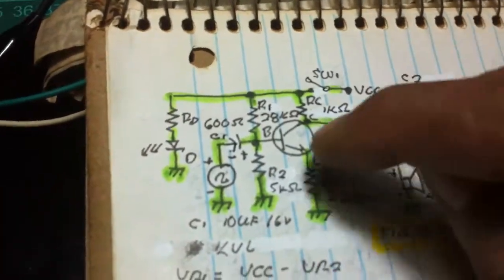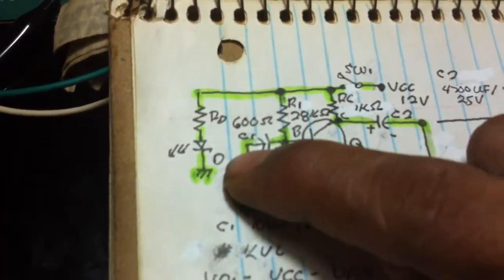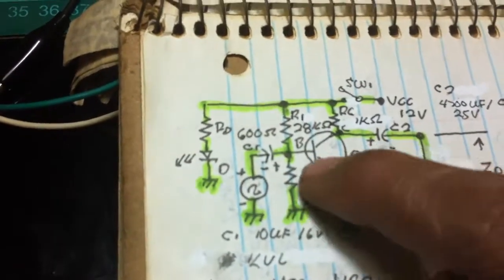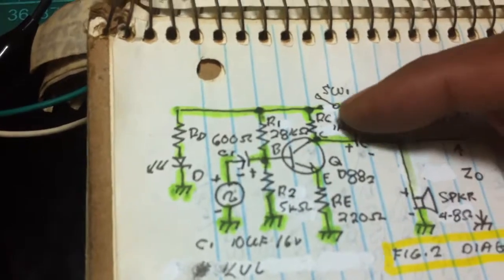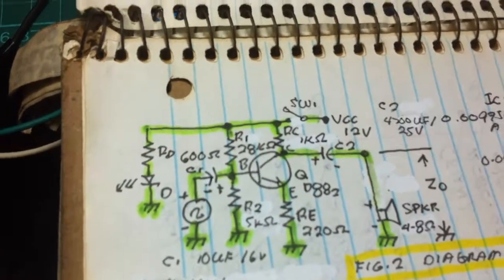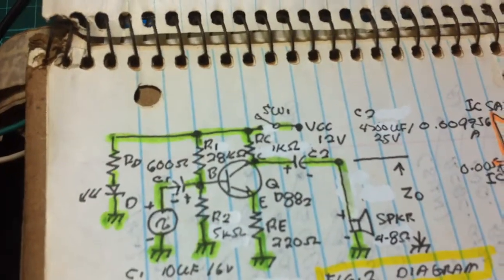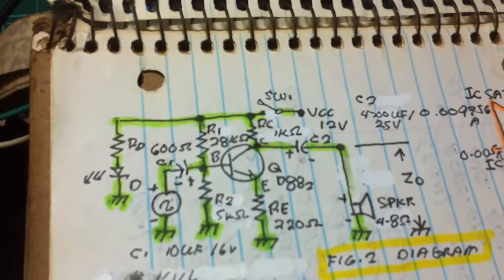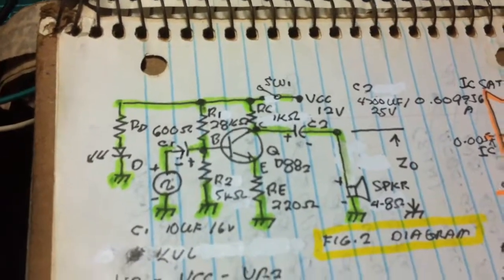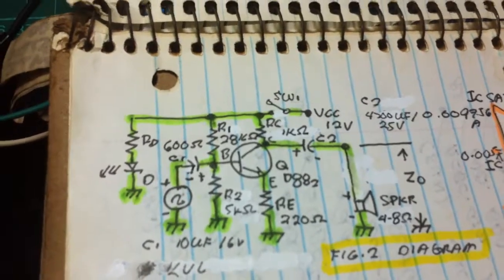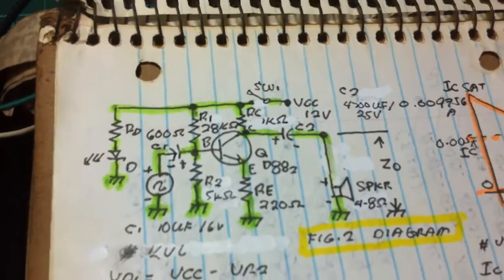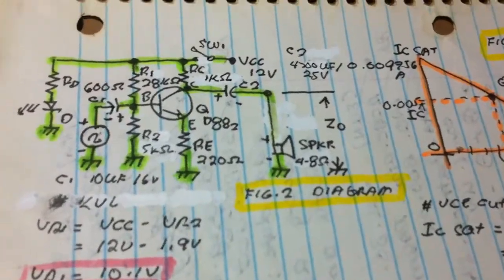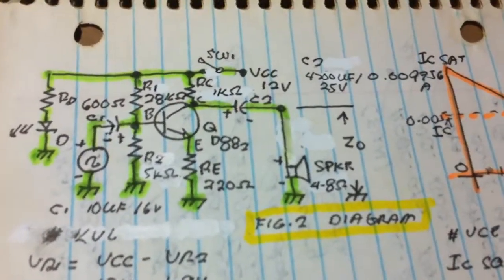Also, through this capacitor only the AC signal is going to pass and be amplified by the transistor, and then we have the amplified signal here, which is 180 degrees phase shifted, 180 degrees out of phase, almost half of the input signal.